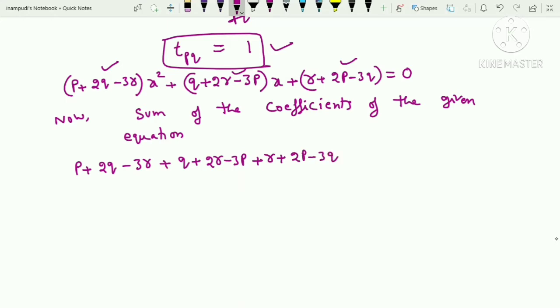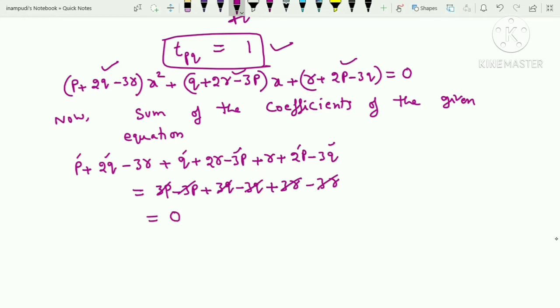P minus 3P plus 2P, that means 0 for P. 2Q plus Q minus 3Q. R plus 2R minus 3R. 3P cancel, 3Q cancel, 3R cancel. We get 0.